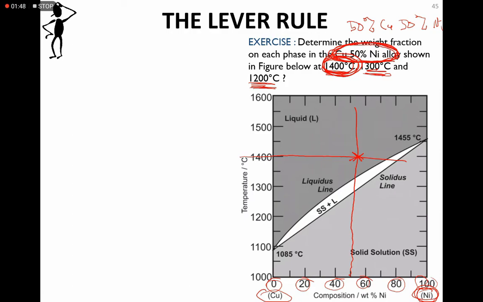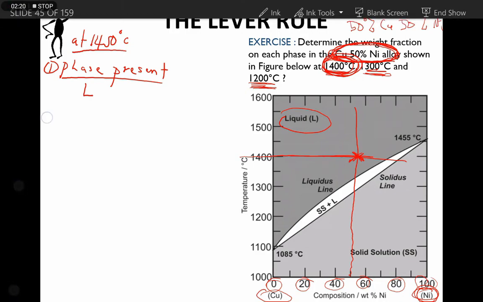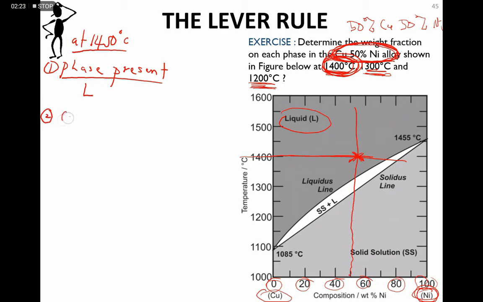To solve this problem, please write down at 1400 degrees Celsius. One, phase present. So your phase present is here: liquid, L. Two, composition.